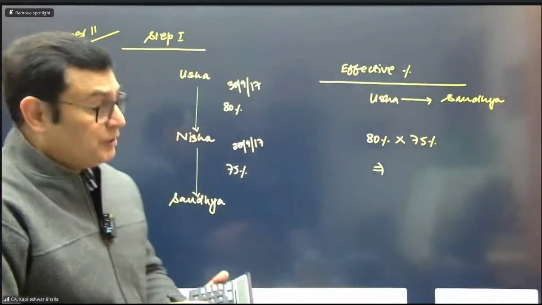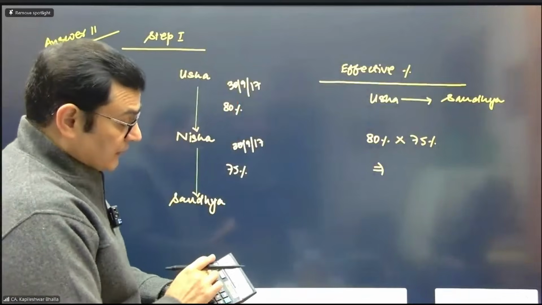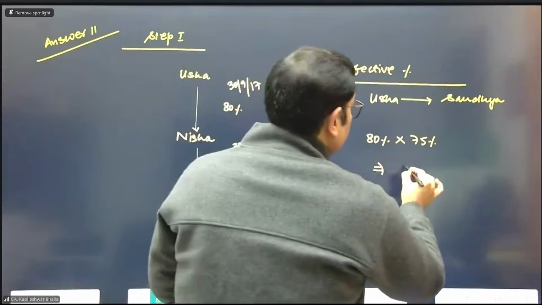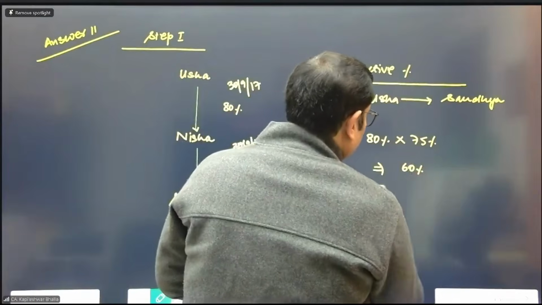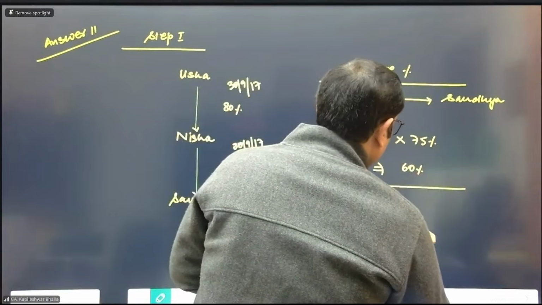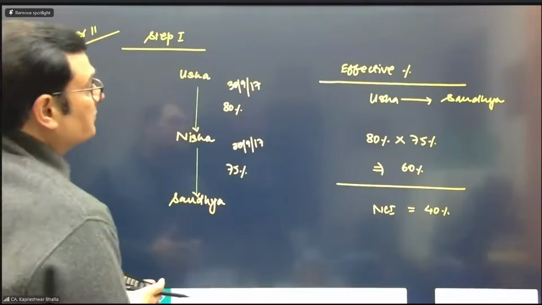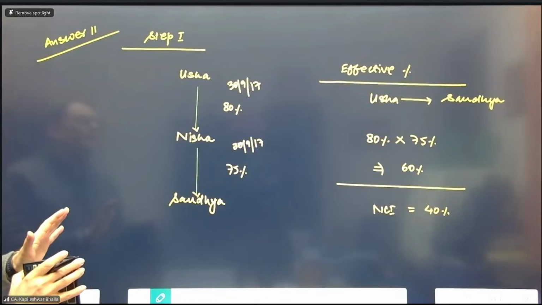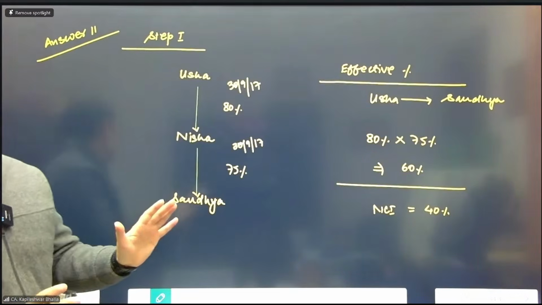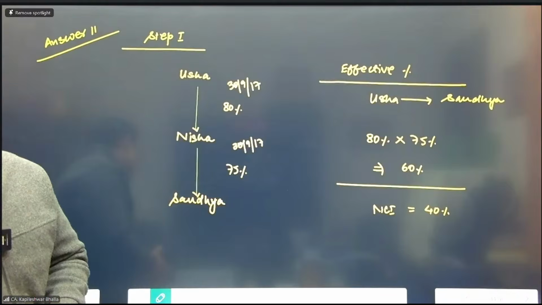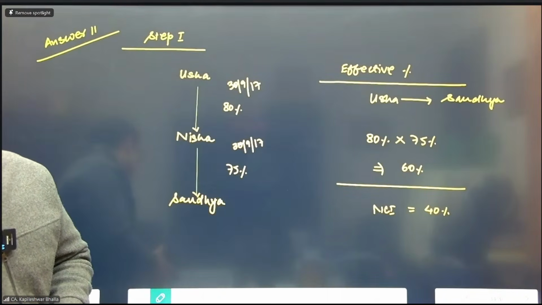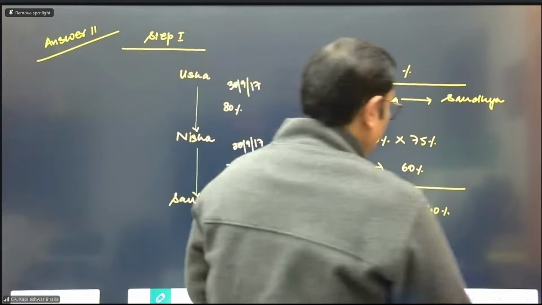That's the only new addition. 60. So that's right. It comes to 60%, which also means at this stage, you can identify that NCI in this particular case is going to be 40%. That's the only value addition which you need to do in terms of step one. Okay, now let's proceed further. So once you've taken care of step number one, we go to step number two.